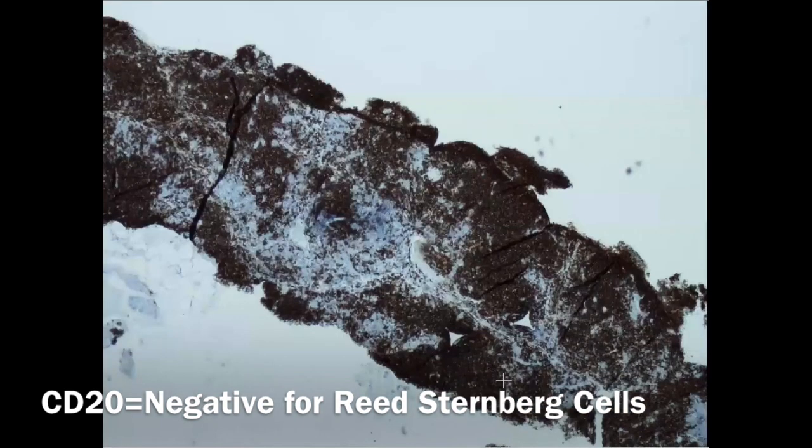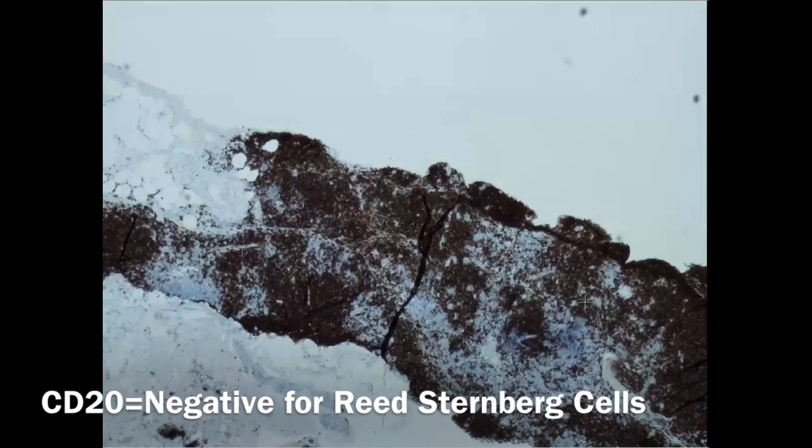So I will go for the same area, which is near the tail again, and we can see that many B cells, they are taking the stain, but I will go on a higher power to show you these gaps in between, which I suspect these are the Reed-Sternberg cells.